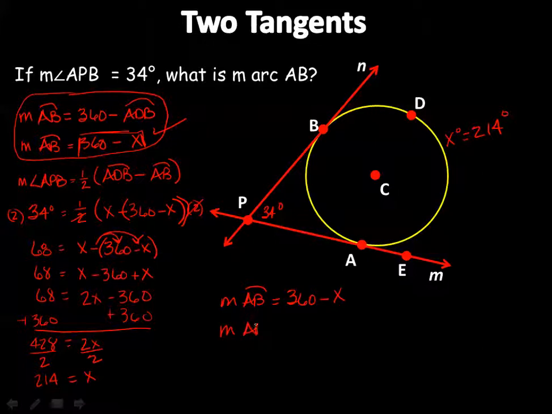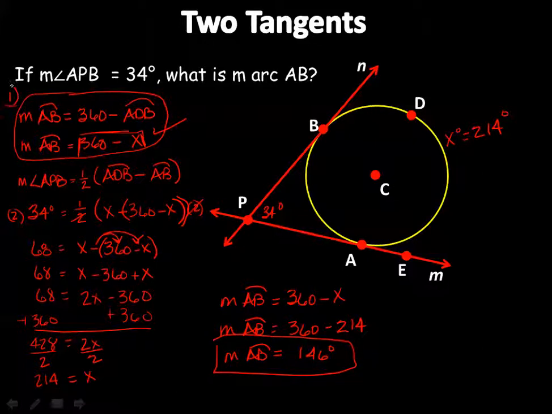I just found out that x equals 214, so the measure of arc AB is going to equal 146.